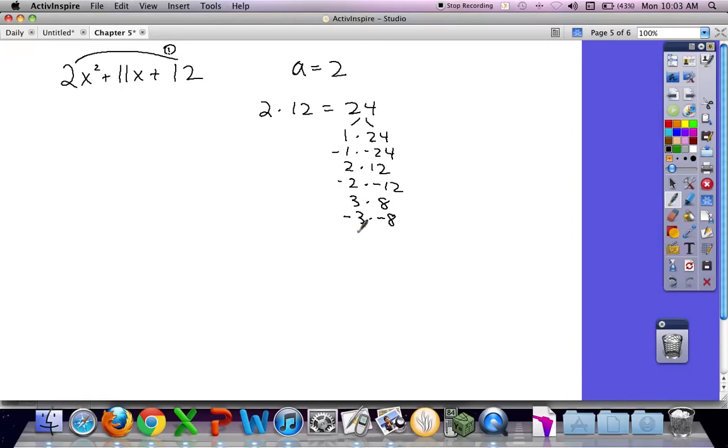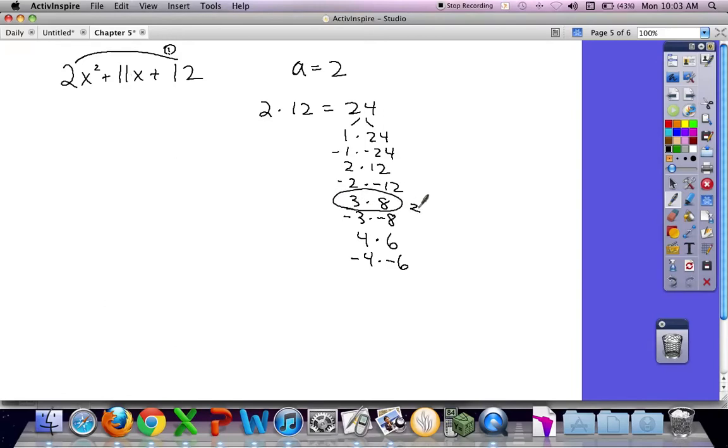And last, we have 4 times 6. So we also have negative 4 times negative 6. So this is the second step. Which pair of factors add up to a positive 11? And we see that it's these two numbers here.